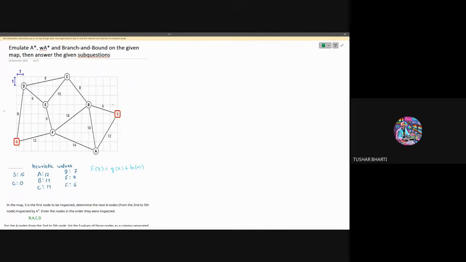How to solve for A star algorithm. So first, what I have done, I have calculated heuristic value for all the given nodes with respect to the goal node. So G is our goal node and S is our initial node.